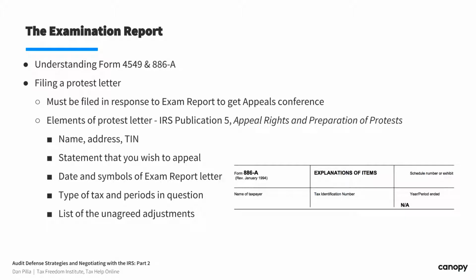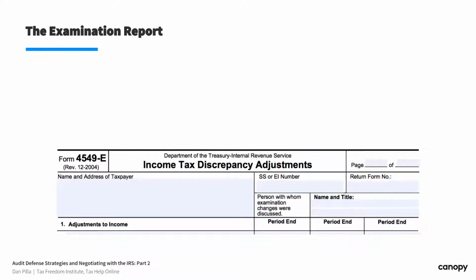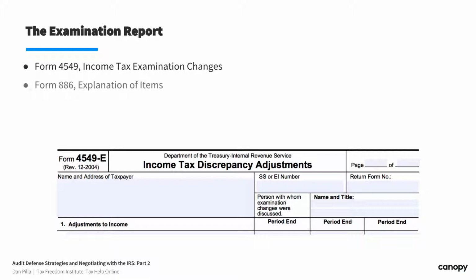Now, if you're representing a non-filer, a person who has not filed a tax return, and the IRS has come out with what they call a substitute for return, the SFR, those calculations are presented in the wage and income transcripts. And so if the IRS says the taxpayer's income was X and the wage and income transcripts show that it was Y, well, then right off the bat, we got the wrong income.